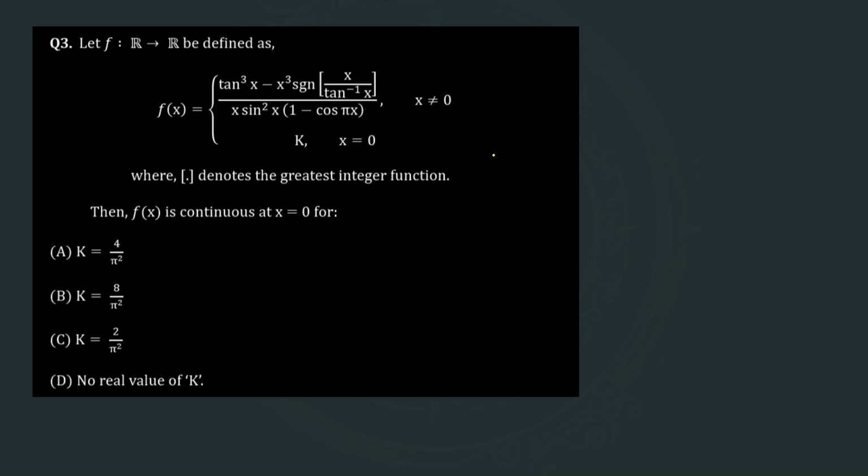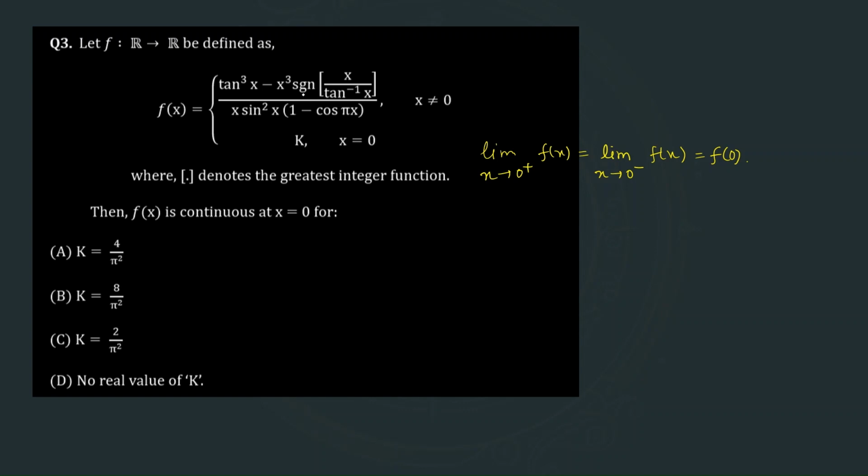So we can say that if this f(x) is continuous at x equal to 0, then limit x tending to 0 positive f of x should be equal to limit x tending to 0 minus f of x equal to f of 0. So we have to check whether these two are equal or not first. How to check this? Here we can see in the expression for f(x) there is a greatest integer function involved.